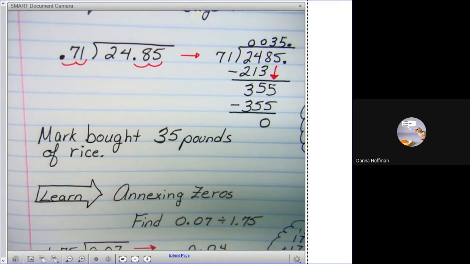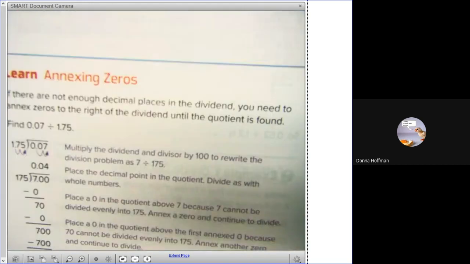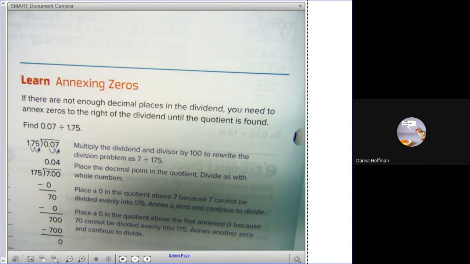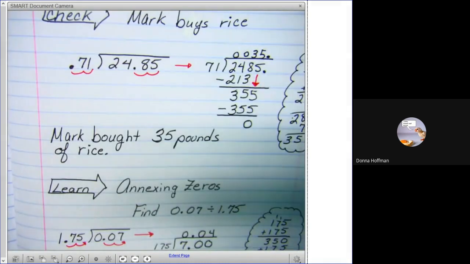The next problem was wanting you to learn how to annex zeros when necessary, okay? There are not enough decimal places in a dividend. You need to make those places by annexing zeros to the right of the dividend until the quotient is found. So we did this in our notebook as well.